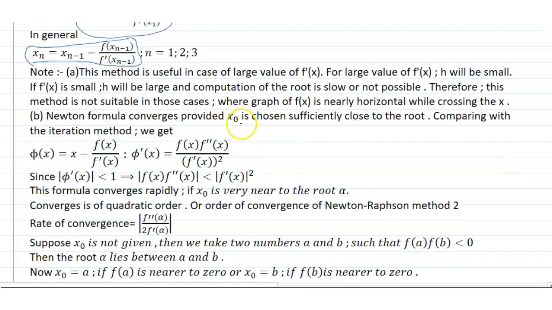Note, this method is useful in case of a large value of f dash x. For a large value of f dash x, h will be small, or if f dash x is small, then h will be large. Computation of the root is slow or not possible.